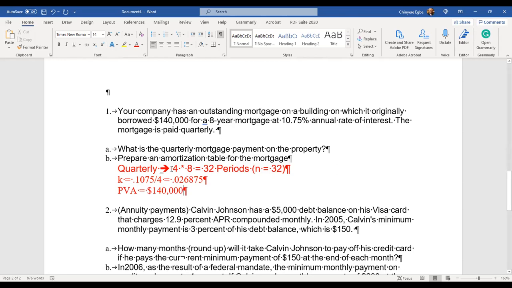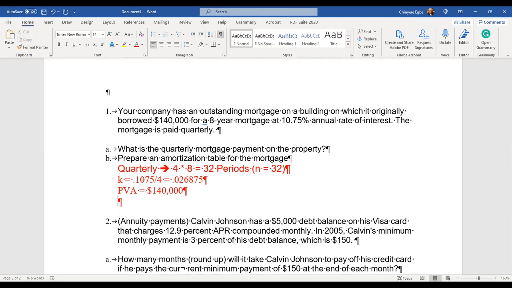You're going to use the present value interest factor for an annuity, so 140,000 will be equal to a periodic amount times PVIFA of 0.026875 for 32 periods.